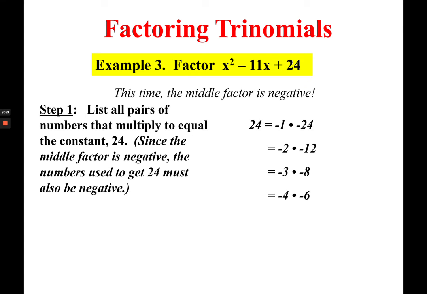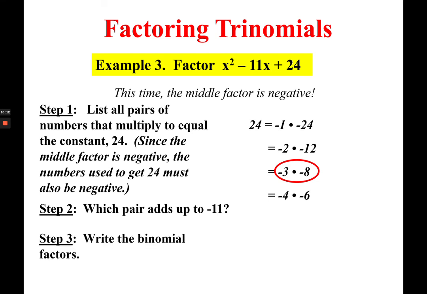The answer is negative 3 and negative 8. Negative 3 times negative 8 is a positive 24. Negative 3 plus negative 8 is negative 11. So that will be your pairs of the x's. And that's your answer: x minus 3 times x minus 8. Easy, right? I hope so.